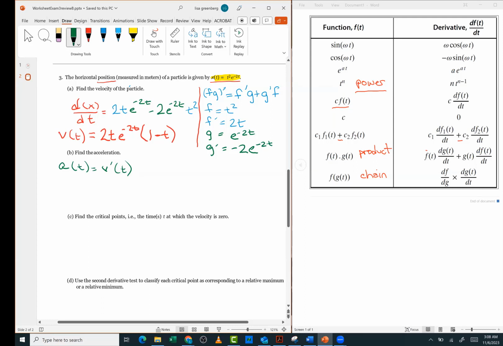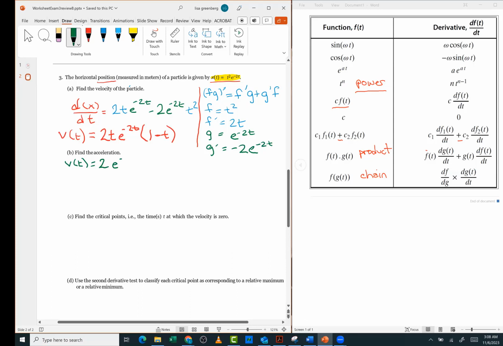I think I'm going to rearrange v of t, just to make it a little easier to use the product rule. Well, I don't have to worry about my 2. It's a constant.